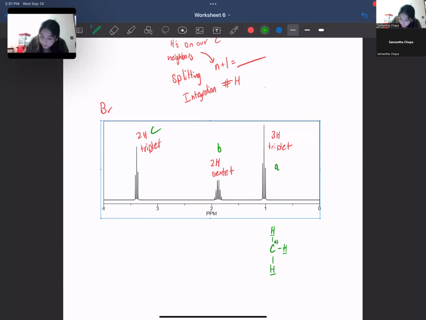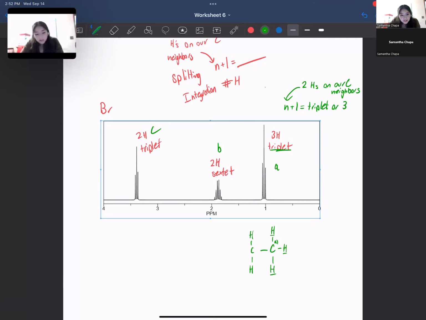I do my splitting pattern formula, n+1 is equal to, and it says it's a triplet, so 3. Solving for n gives 2, so we know we're going to have 2 hydrogens on our carbon neighbors. So right next to carbon A, I'm going to write a carbon with an integration of 2 hydrogens. There you go.